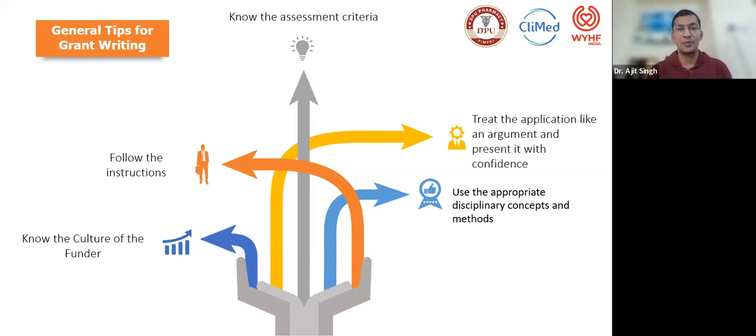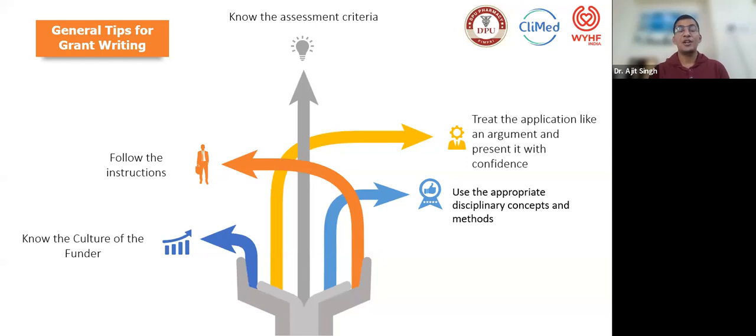Starting from the big things, like the format of the application, to the small things, like what font they want, Times New Roman, spacing of 1, and 12 font size. So you should be very much aware of everything. All the instructions should be at your fingertips before writing the grant. Then only you should proceed to grant proposal writing, because then it will be flawless. If you are reading all the instructions, then you will be writing the grant proposal flawlessly. There will be no flaws. These are the important things to keep in mind.